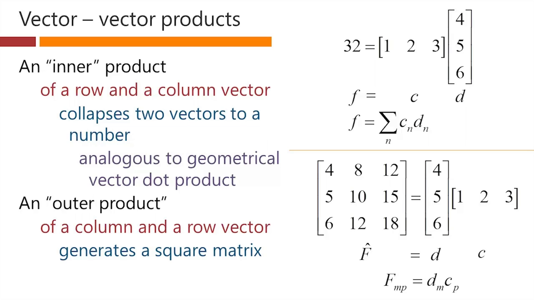And the net result of that is that the mth element of this matrix is the product of the mth element of the column matrix times the pth element of the row matrix.